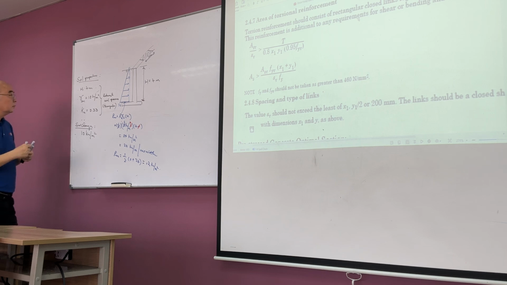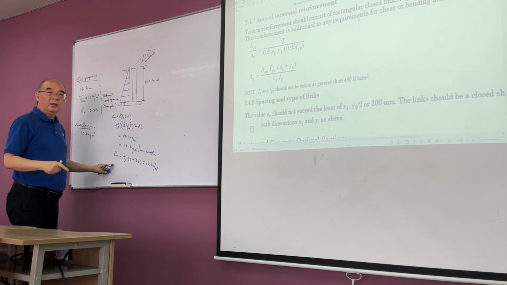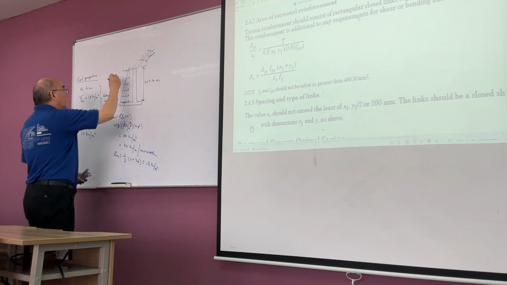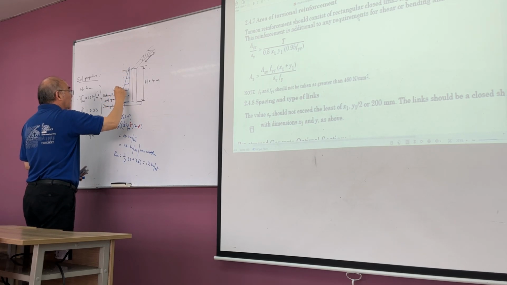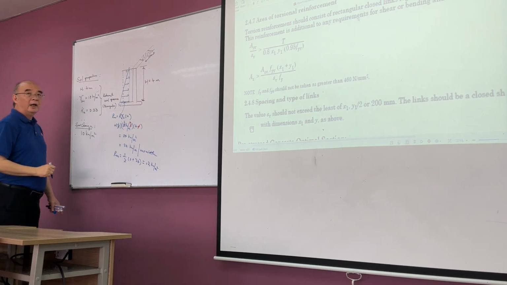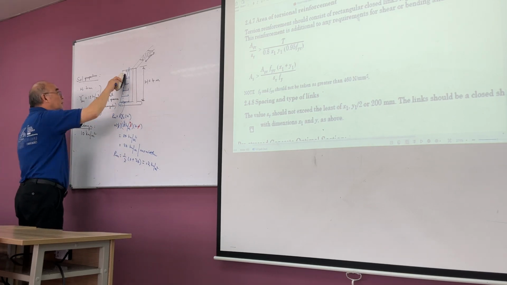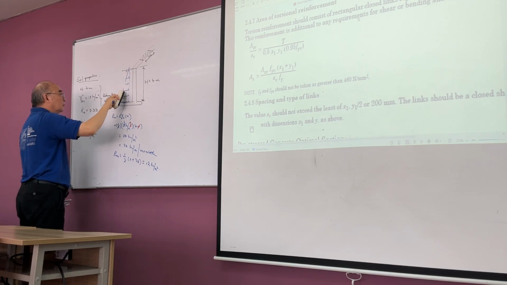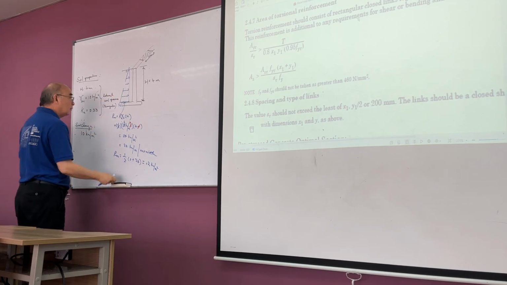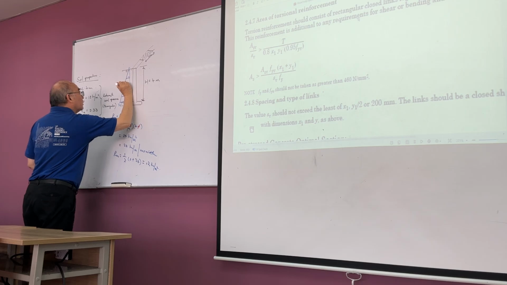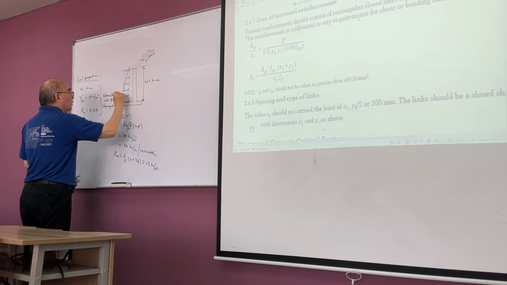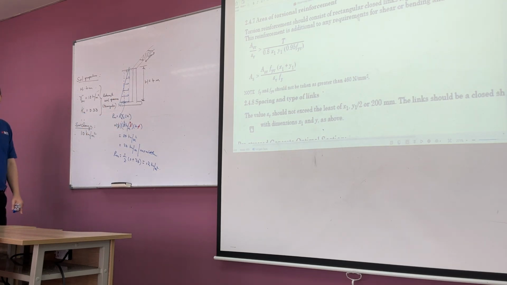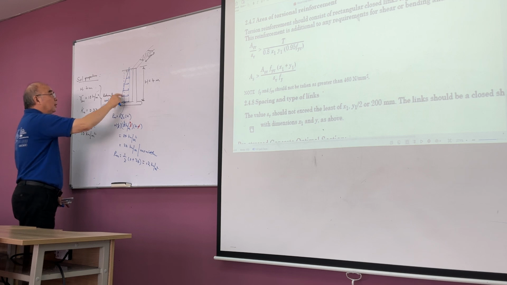So let me use the dashed line to represent the average stress. Maybe it is this. This is the average stress. That means this one is the same as this one.